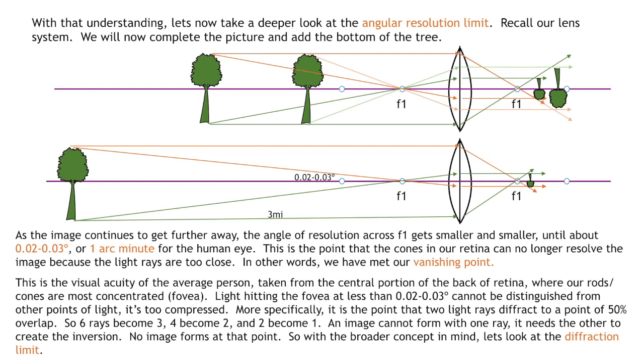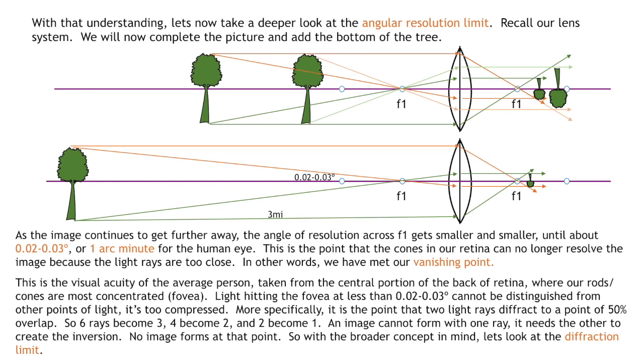So with that understanding, let's now take a deeper look at the angular resolution limit. Recall that we have a lens system, and we will now complete that picture and add the bottom of the tree. Before we were just looking at two rays of light coming off the top of the tree. We're now going to put the bottom of the tree on, and we'll look at the two rays coming off the bottom, and that completes our picture of our inverted image behind the lens, which is then projected onto the retina.